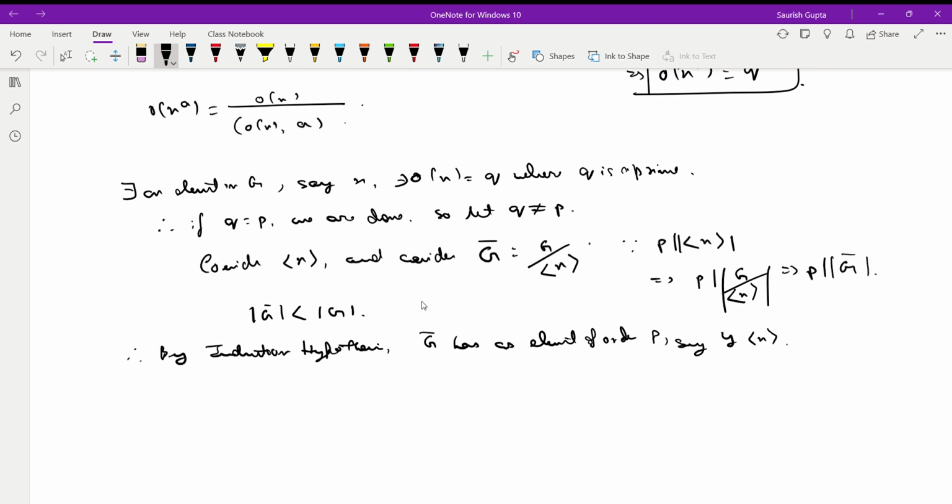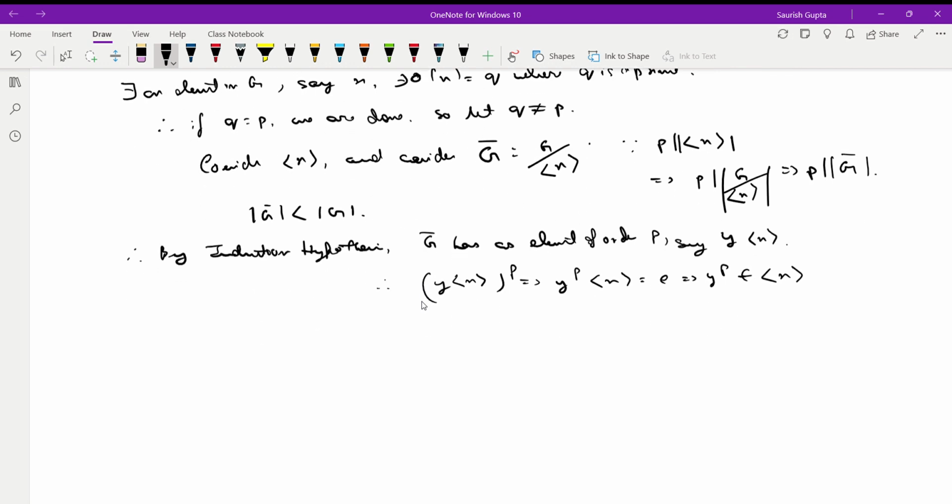Therefore, the element y times the cyclic group generated by x, to the power p, should be the identity, which implies y to the power p times this group is the identity. But this immediately means that y to the power p is in the cyclic group generated by x, right? So what should be the obvious observation from here?